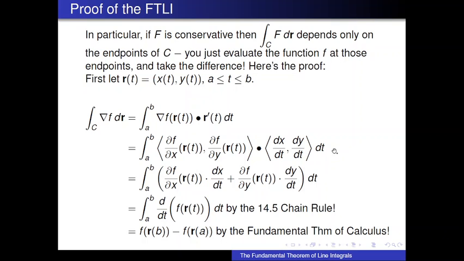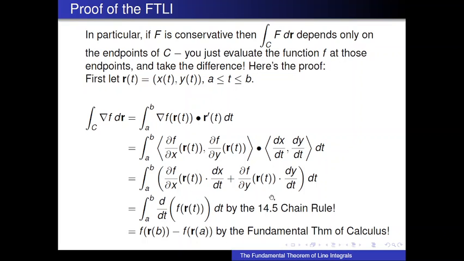Right? So if you recall, though, this dot product looking expression, which I guess is this dot product from above, really is the section 14.5 chain rule applied to the function little f of r of t. It's a one variable function, right?